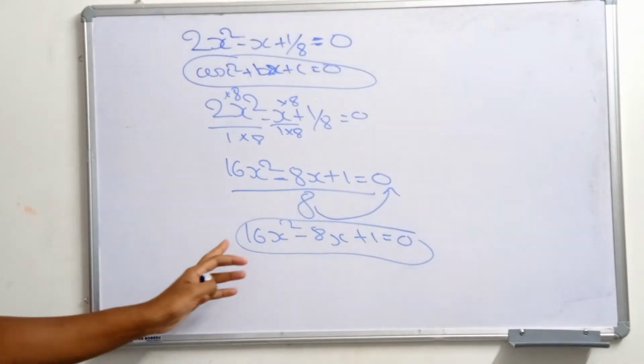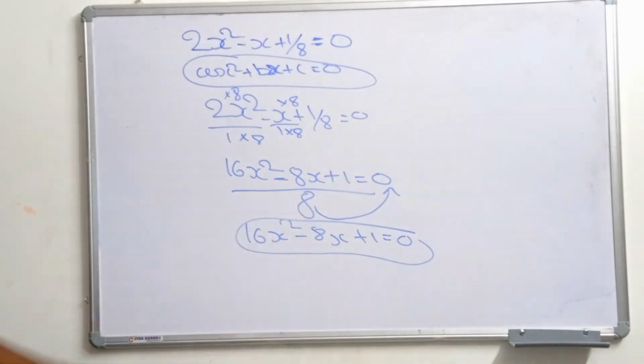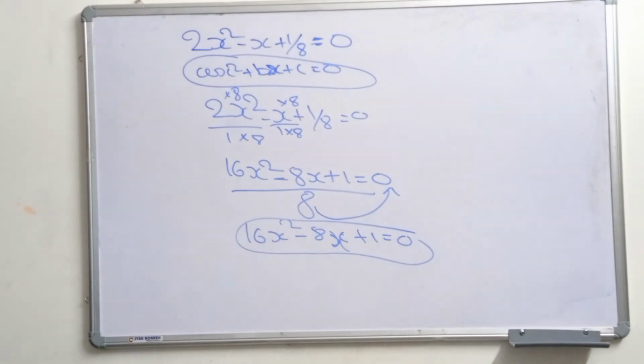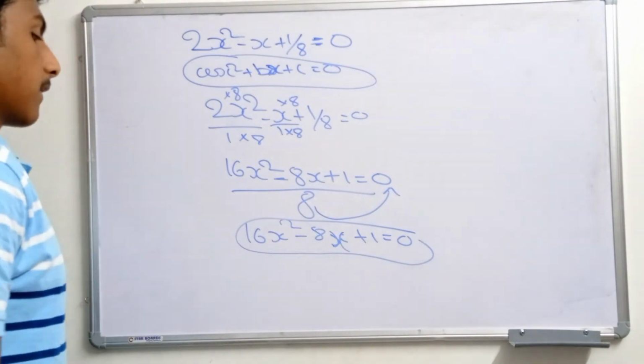Guys, is it clear? Is it correct? 16x square minus 8x plus 1 is equal to 0. Now we have to solve this. Come on, we'll do it.